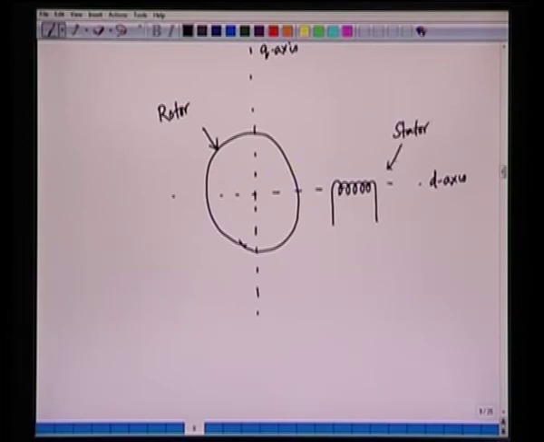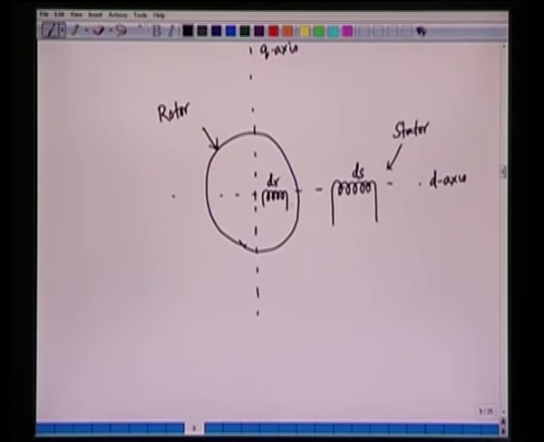So I will have two different axes, and I will have only two sets of coils. One set of coil in the D axis. D axis stator, we can call this DS. S stands for the stator, D stands for D axis. Similarly, in the D axis rotor, I will have D for the D axis, R for the rotor.